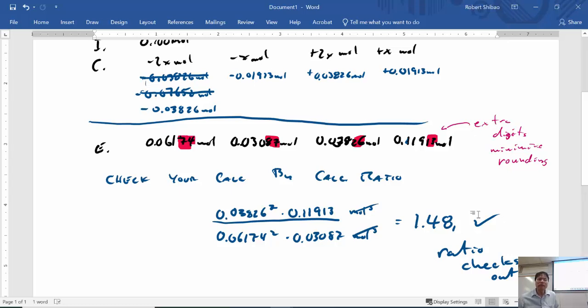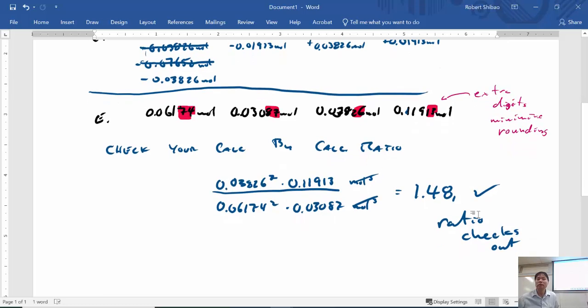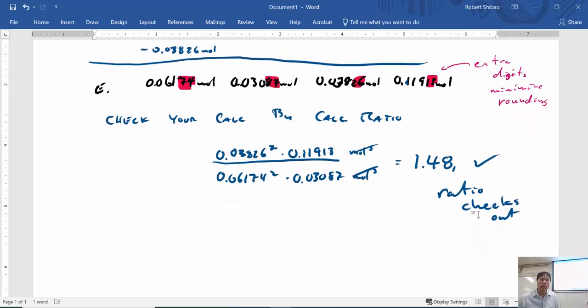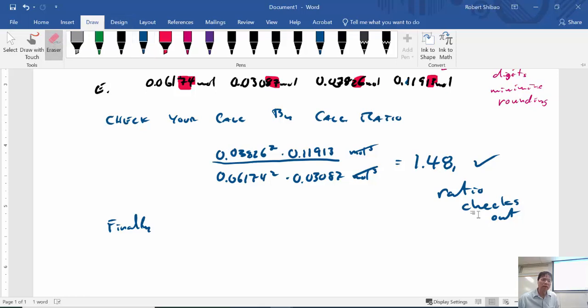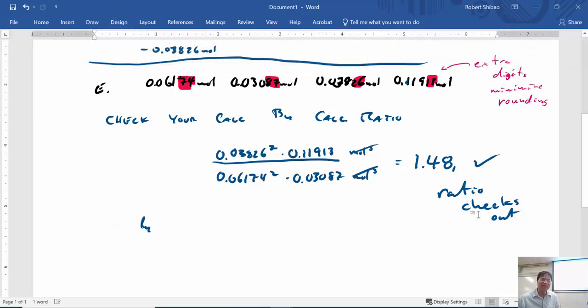The last thing we want to do is verify this experimentally, right? And finally, experimental verification. Actually, this is not really the final step.